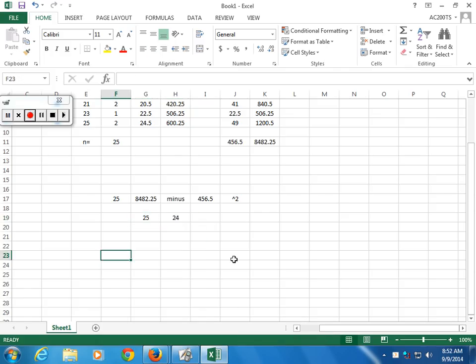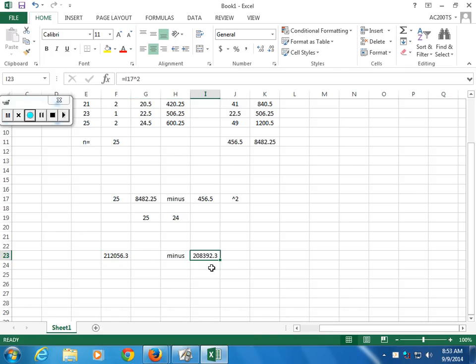Now, 25 times, minus this number raised to the second power. What do you need to check here? What do you need to check? You need to make sure that this number is what than this number?